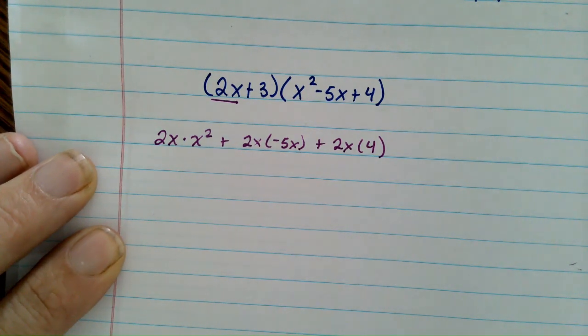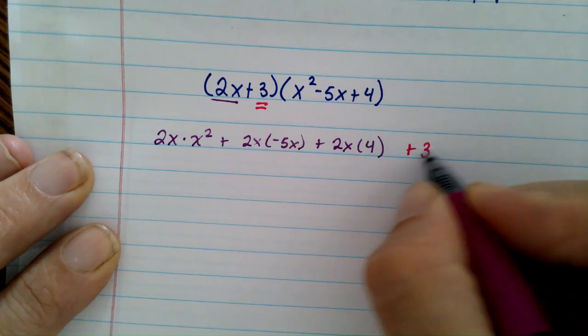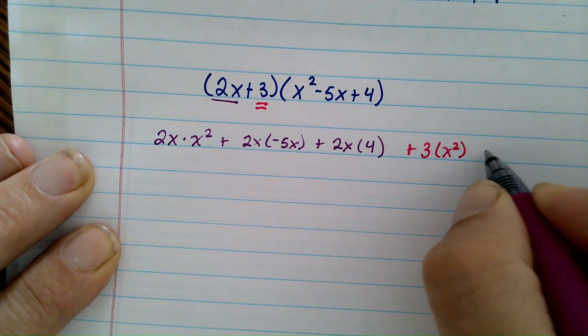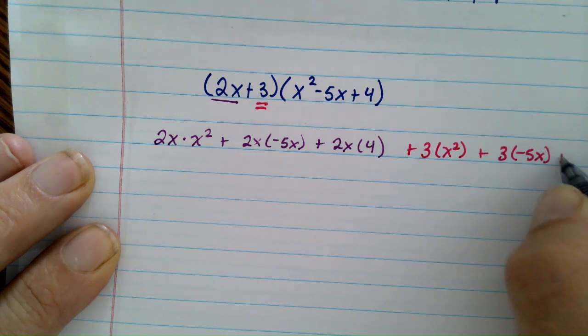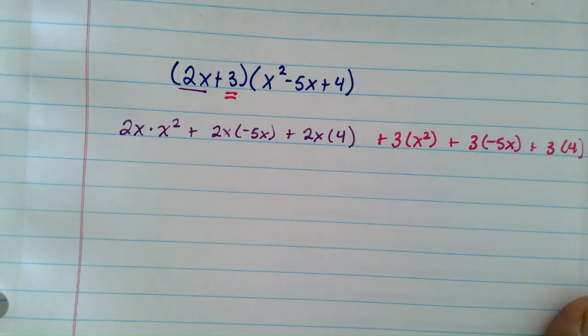And then distributing your second term. 3 is being multiplied by x squared plus 3 is being multiplied by negative 5x plus 3 is being multiplied by 4. And I wrote that out completely.